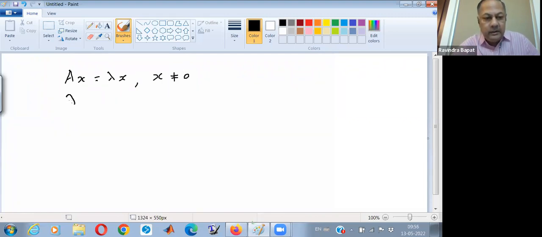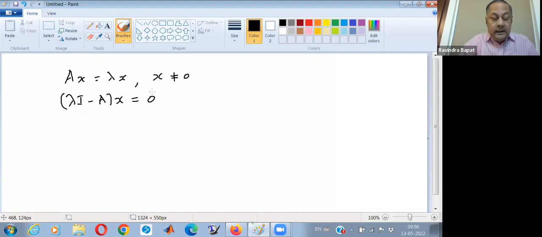You are familiar with all this, but maybe just recall that we rearrange this equation, and then we resort to the elementary linear algebra that this has a non-zero solution if and only if lambda I minus A is singular. And so I can define an eigenvalue also as a scalar lambda for which lambda I minus A is singular.